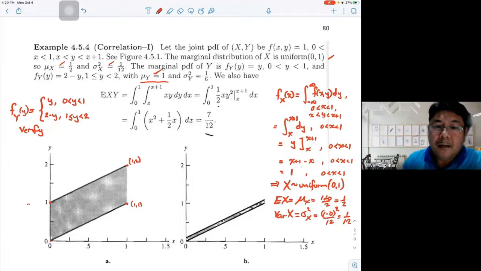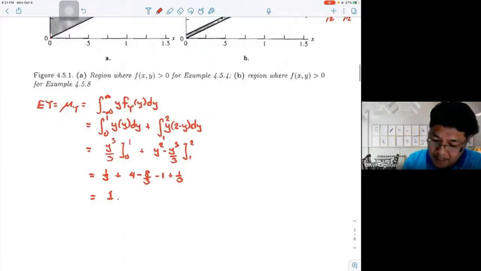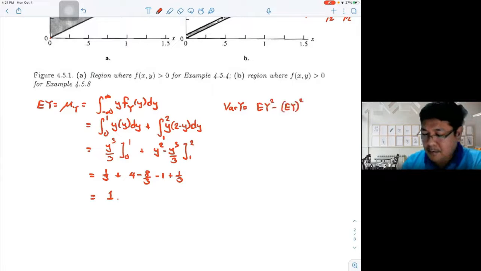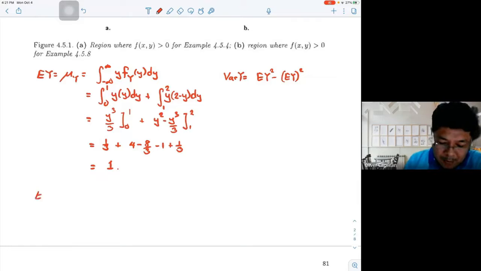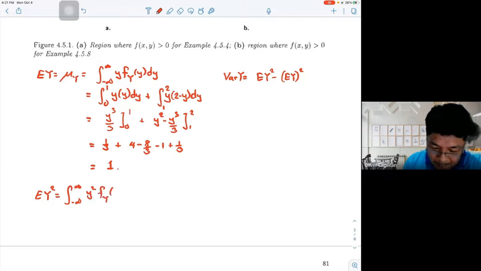What about the variance of y? For the variance of y, we use this: the variance of y is equal to the mean of y squared minus the square of the mean of y. We already have the mean of y. The only thing lacking is this, so evaluate the integral of y squared times the marginal, dy.